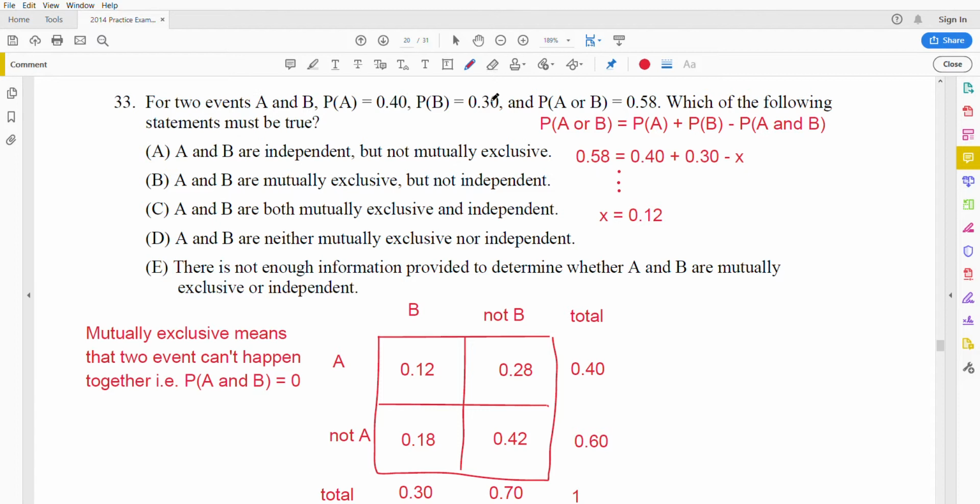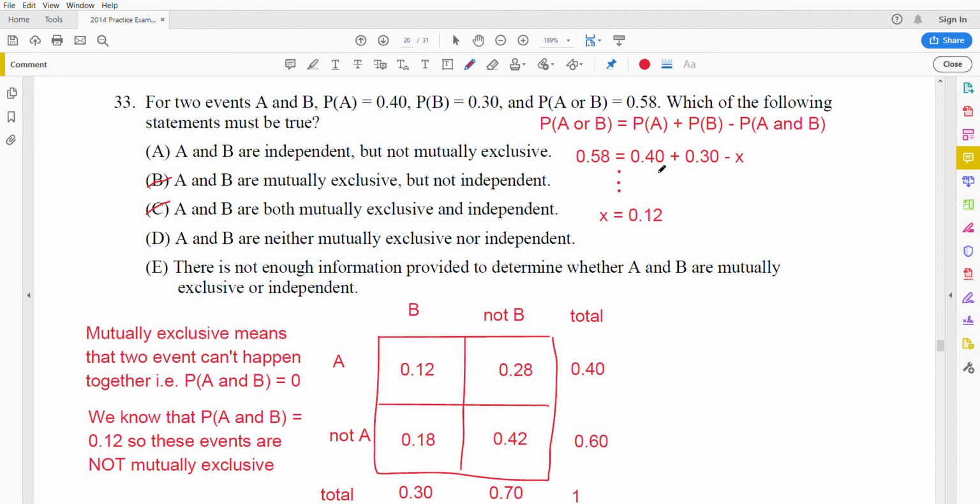In other words, the probability of A and B both occurring would be 0. But we know from the work up here in the top right corner that the probability of A and B is actually 12%. So we know that these can occur at the same time, which means they are not mutually exclusive. So now we can start eliminating some answer choices. B can no longer be right and C can no longer be right.